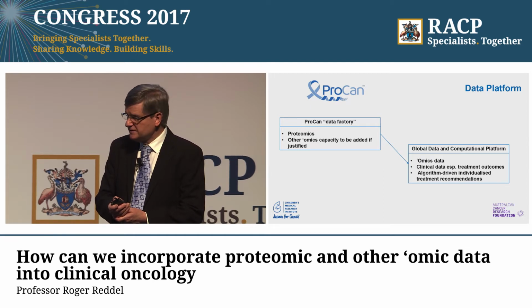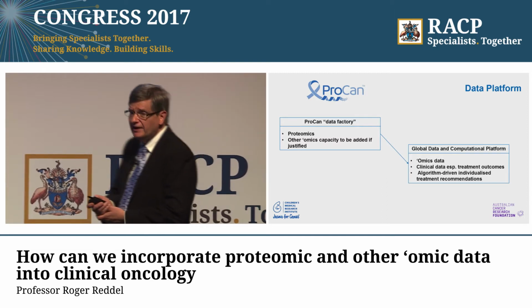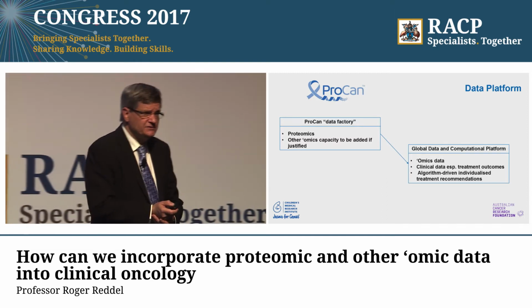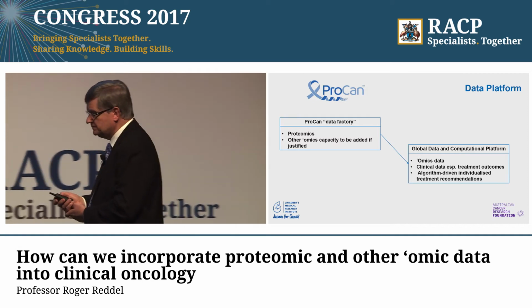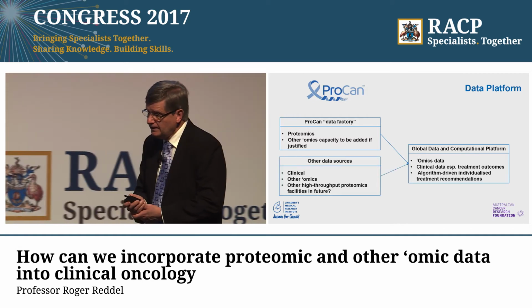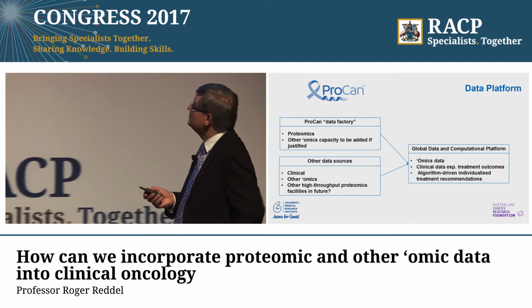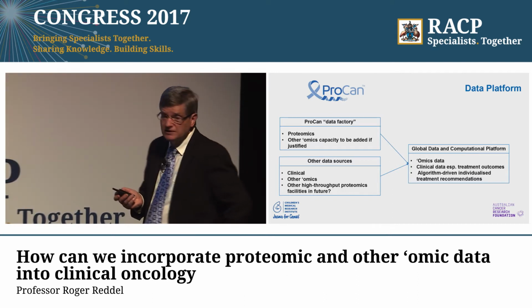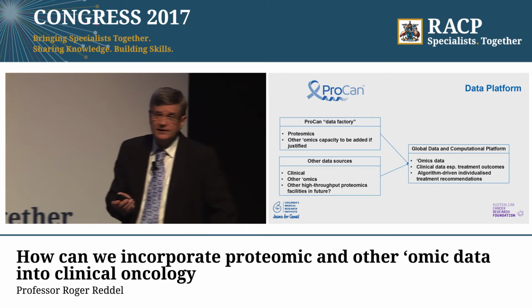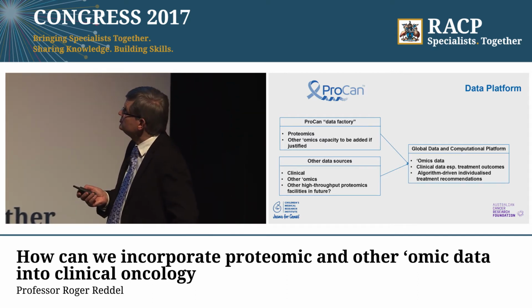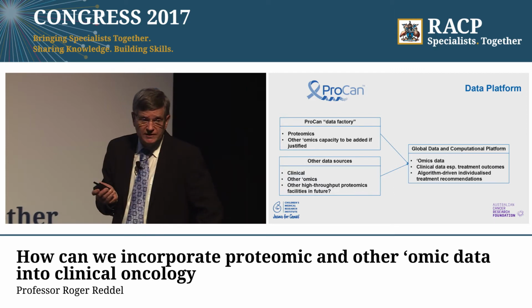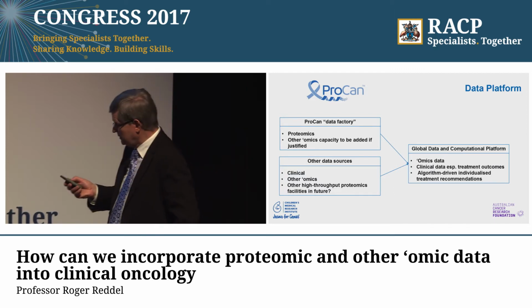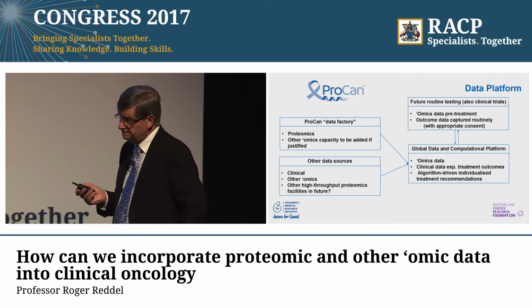So this will have omics data and the clinical data, especially treatment outcomes, and that will be the basis for algorithm-driven individualized treatment recommendations. And of course, we will welcome data from other sources. So if there are other high throughput proteomic facilities set up in the future, we will create this database in such a way that that data can be added as well, and of course other omics data.